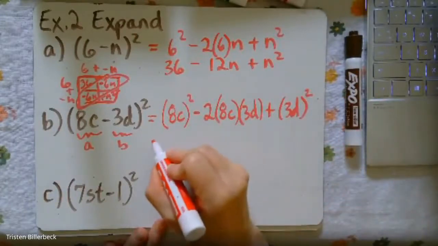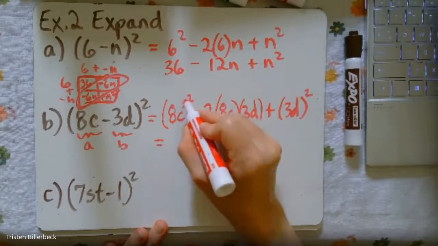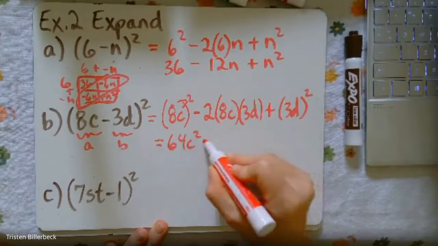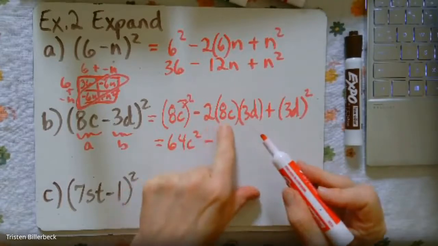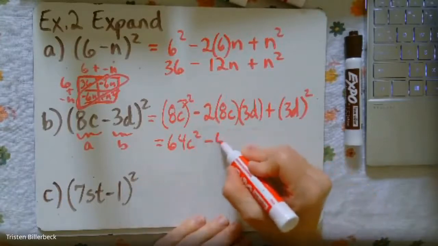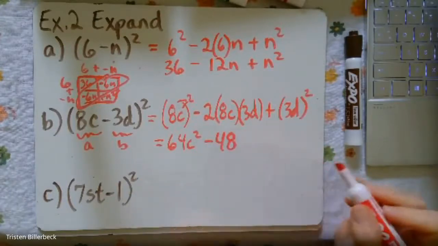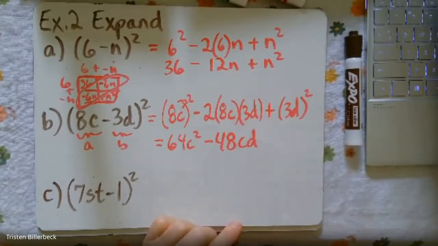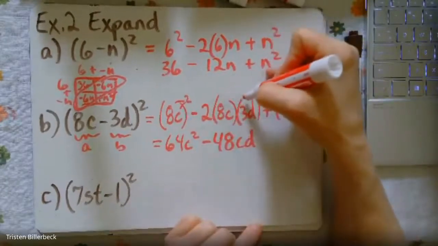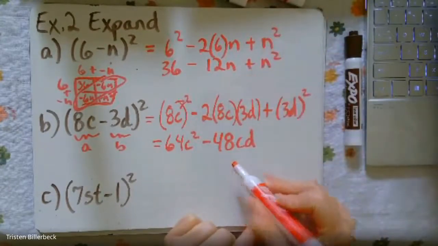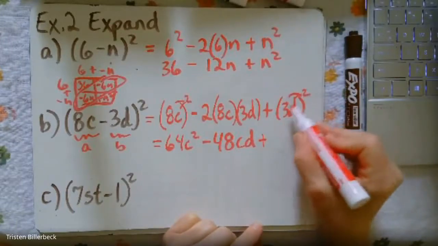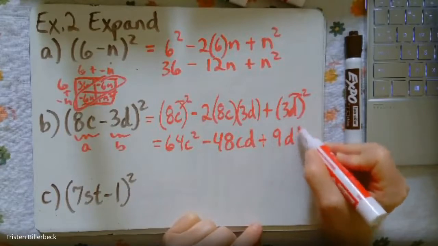If we distribute that exponent, 8 squared is 64c squared minus 2 times 8 is 16, 16 times 3 is 48, and then we have cd. If you didn't like doing it that way, you could do 8 times 3 is 24, 24 times 2 is also 48. This one we distribute to both, so 3 squared is 9, and then we have d squared.